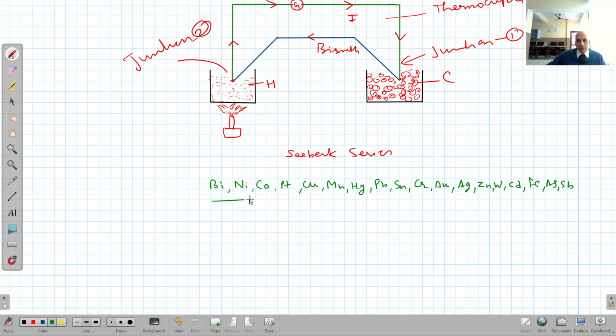So this is called a Seebeck series. Clear? You can see here it starts from bismuth and ends at antimony, right?